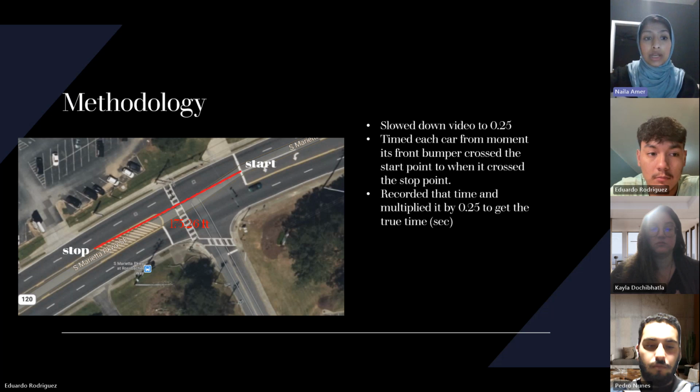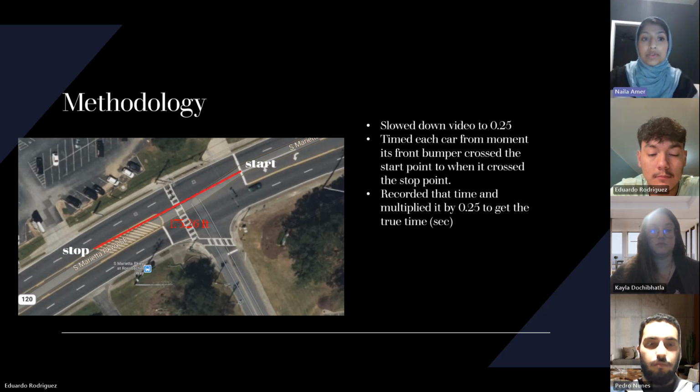Later, when calculating the true time, we multiplied the time that we collected by 0.25 and used that time in our calculation. We used the equation shown on screen: speed equals distance, which was 175.26 feet, divided by 1.47 times the time that we just discussed on the previous slide.